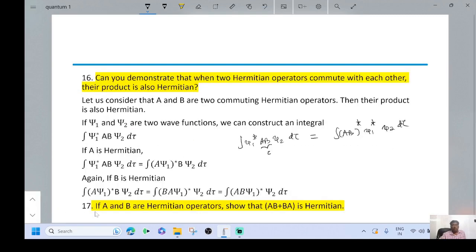See this problem. If A and B are Hermitian operators, show that AB plus BA is Hermitian. Now we have to work it out.